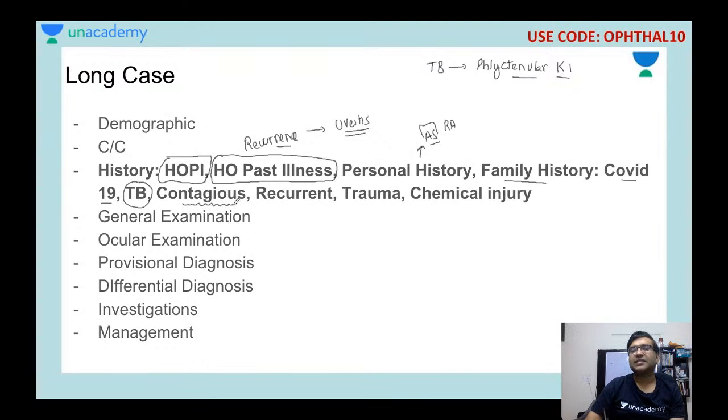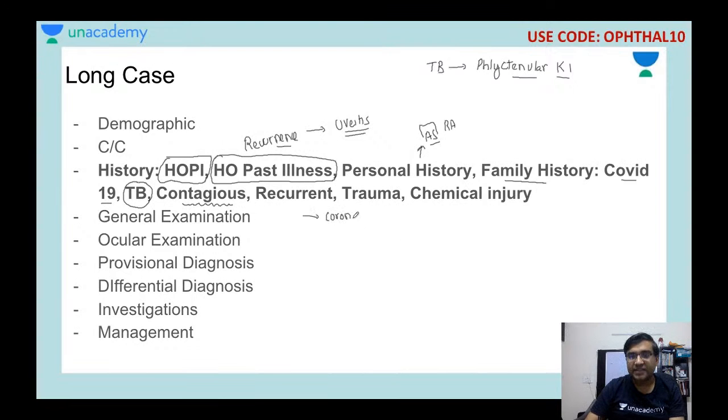Then contagious. Some diseases can be very contagious. The patient says, sir, I was having this redness in the eye in my father or my brother, and now I am having the redness in my eye also. So nowadays, yes, coronavirus can be one of the diagnoses.